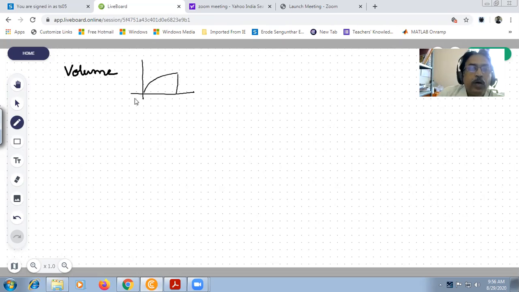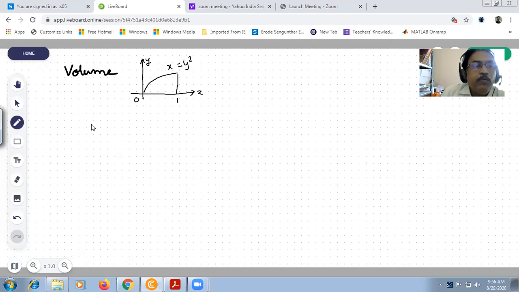This is 0 and this is 1, and this is x = y². Don't worry about the diagram. This is a parabola. We are rotating the parabola along the x axis, and we need the volume of rotation.